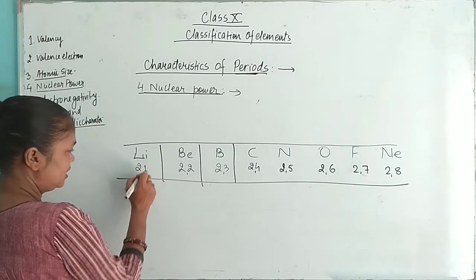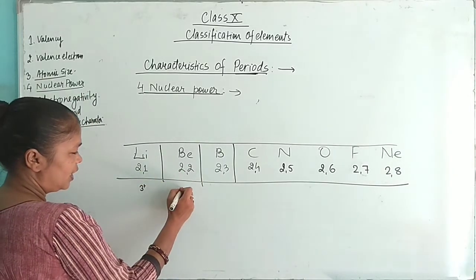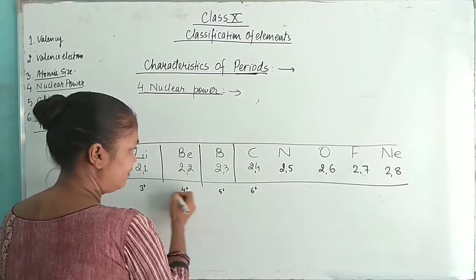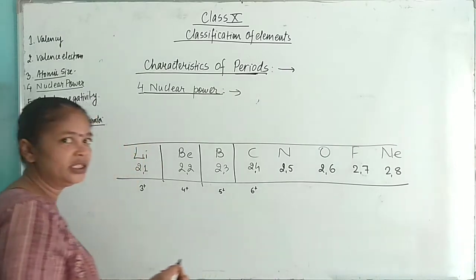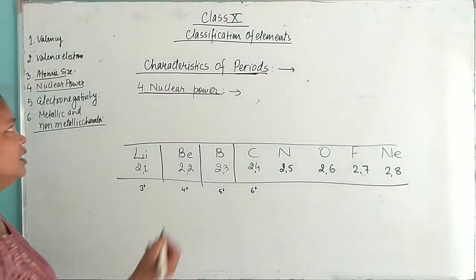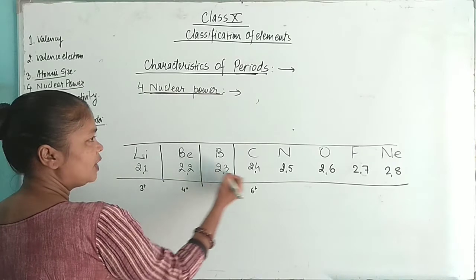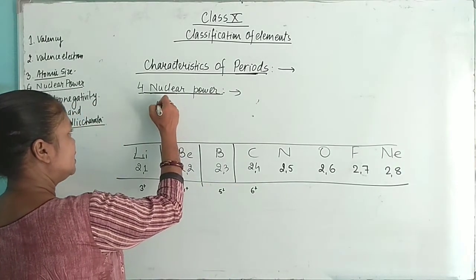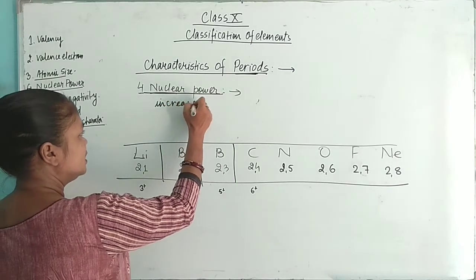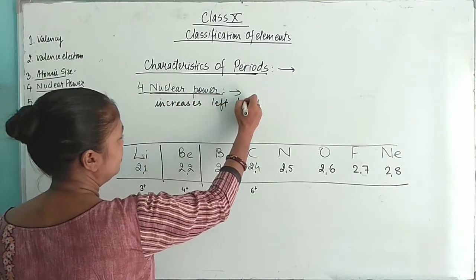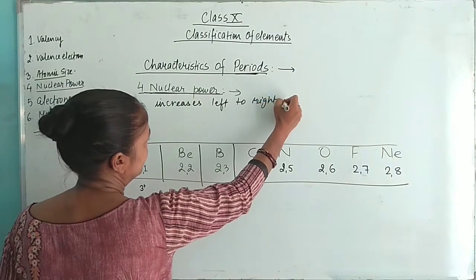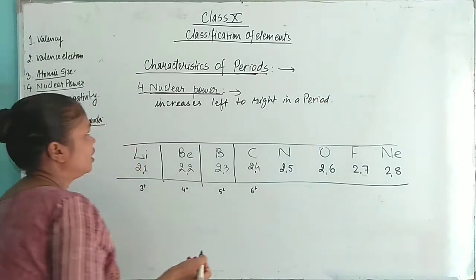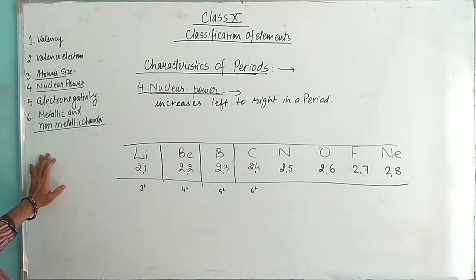Here you can see here is 3 protons, here is 4 protons, here is 5, 6, and as we are moving left to right, protons are increasing. That means the nuclear power is increasing. The nuclear power is increasing as we are moving left to right in a period. So here nuclear power increases left to right in a period.